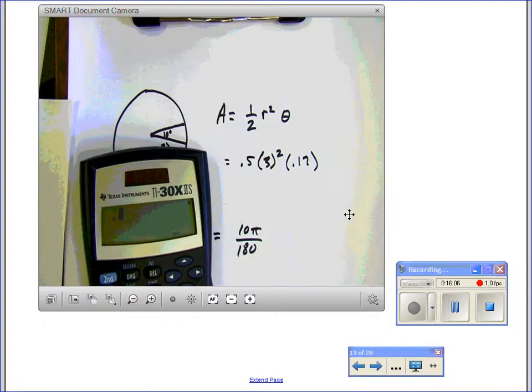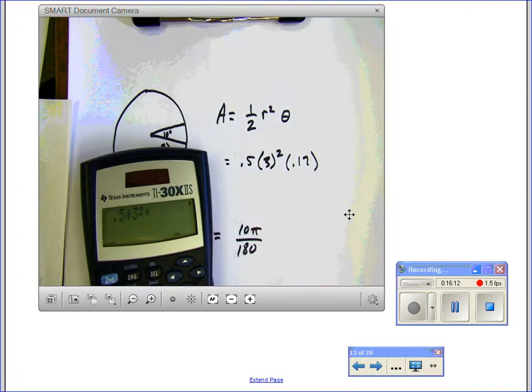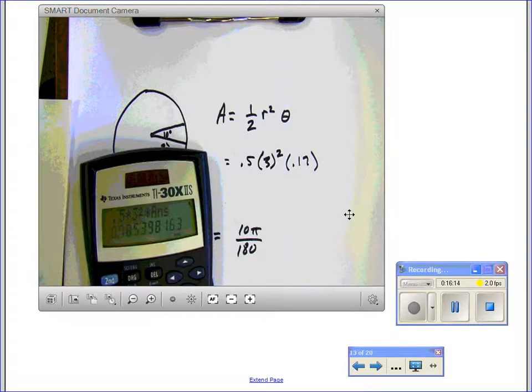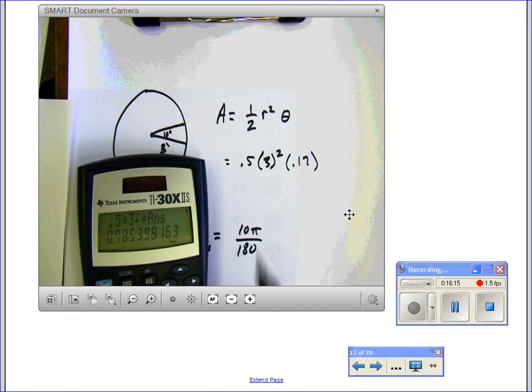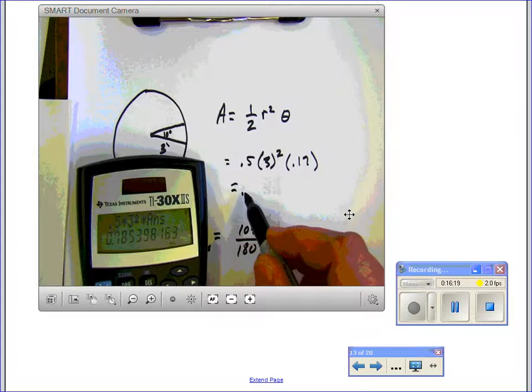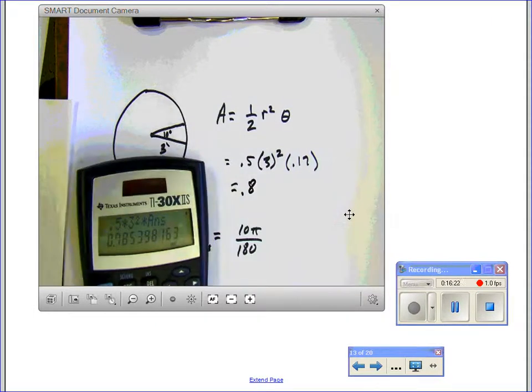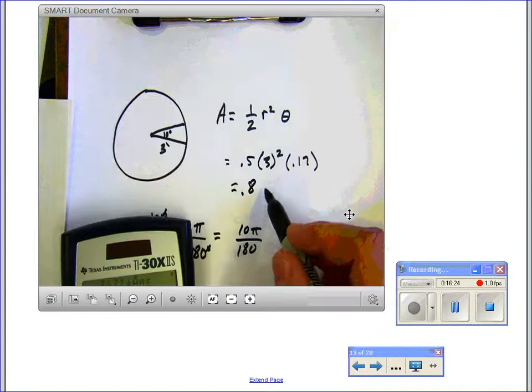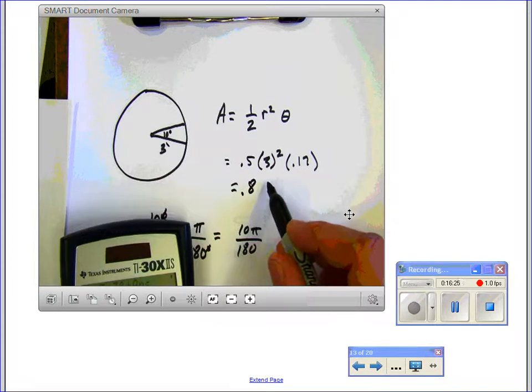So 0.5 times 3 squared times answer. Now there's going to be my area. So about 0.8 if we go to 1 decimal. Now what would this be in? Feet squared, or square feet.